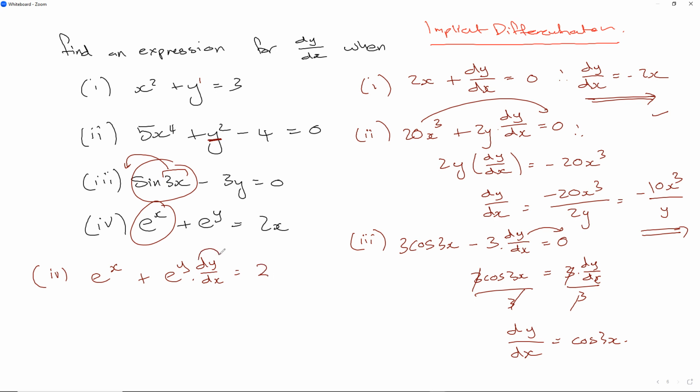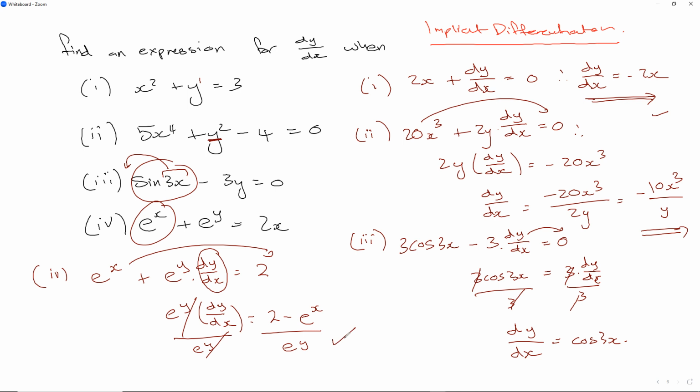All I've got to do is make that the subject of the formula, and when I do that, I'm going to move this across. e to the y multiplied by dy/dx equals 2 minus e to the power of x. And then dividing the whole thing by e to the y gets me dy/dx to be 2 minus e to the power of x, over e to the y.